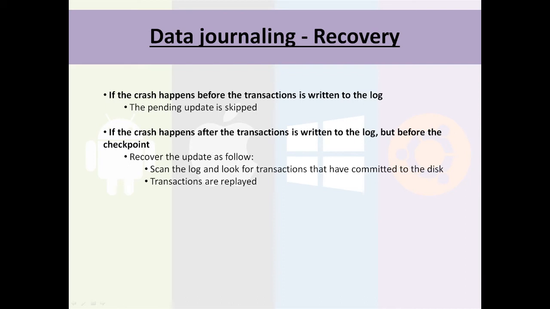If the crash happens after the transaction is written to the log, so we have that nice begin, the blocks, the end, but there's a crash just before the checkpoint, what we do is we recover the updates by scanning the log, looking for the transactions that have been committed to disk, and we basically replay all the other transactions.